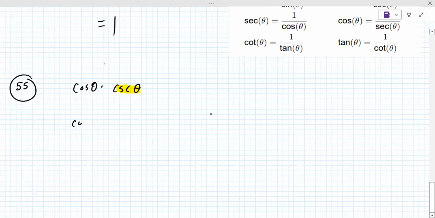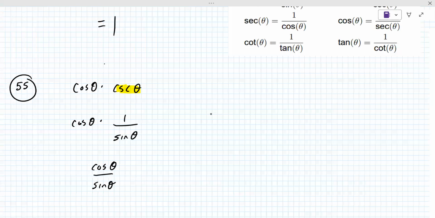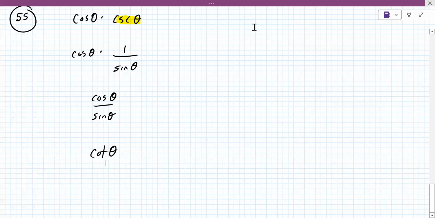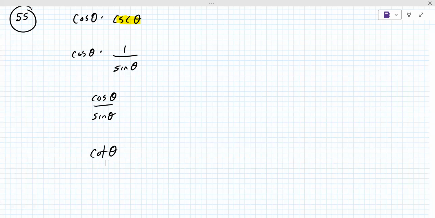Good. Then you multiply the top, keep the bottom, and you have to now know that this is cotangent. Yes, exactly. Okay, that makes sense.